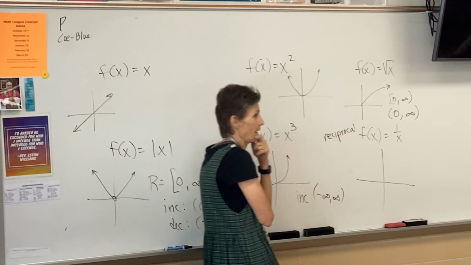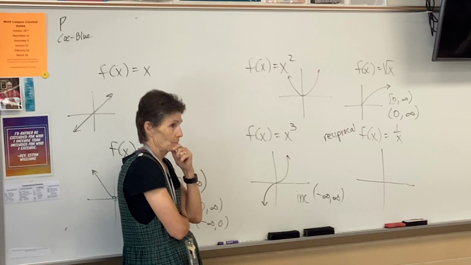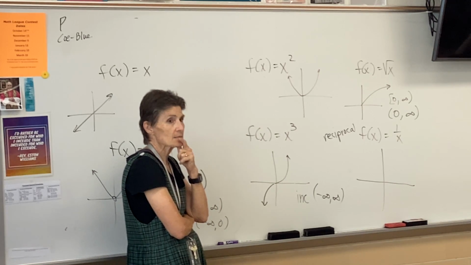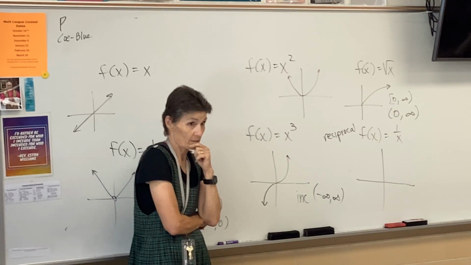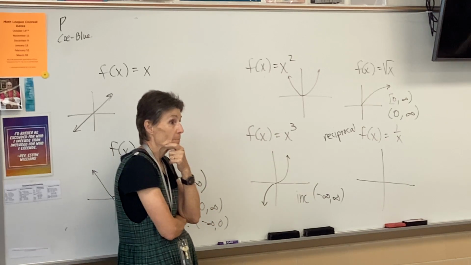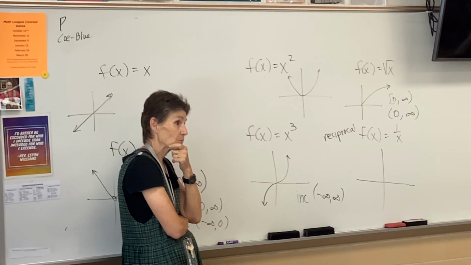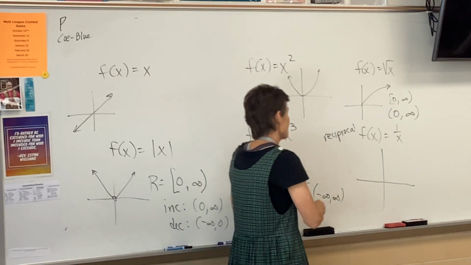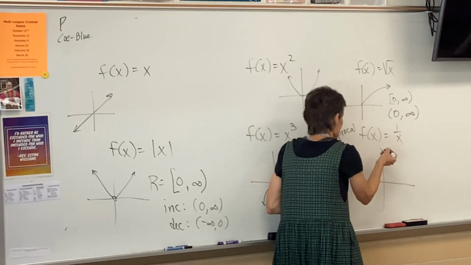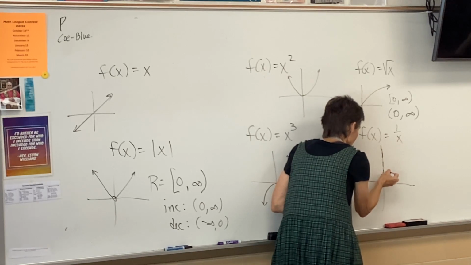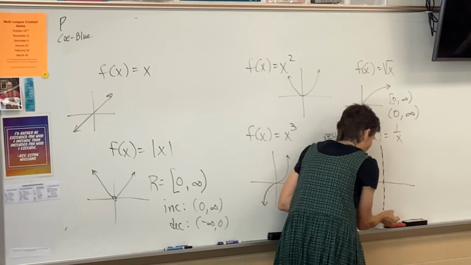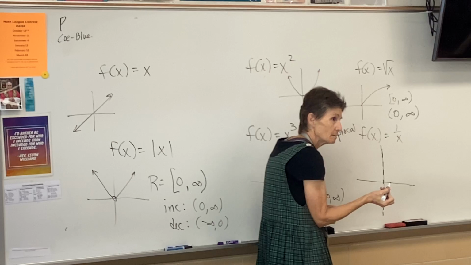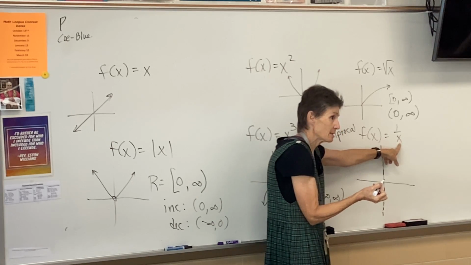What's he look like? He is more difficult. It's kind of like the square root function, but kind of sideways. Yeah, there are some similarities there, I guess. Here's the deal. We have a vertical asymptote at 0. Why is that? Because you can't divide by 0. X can't be 0.